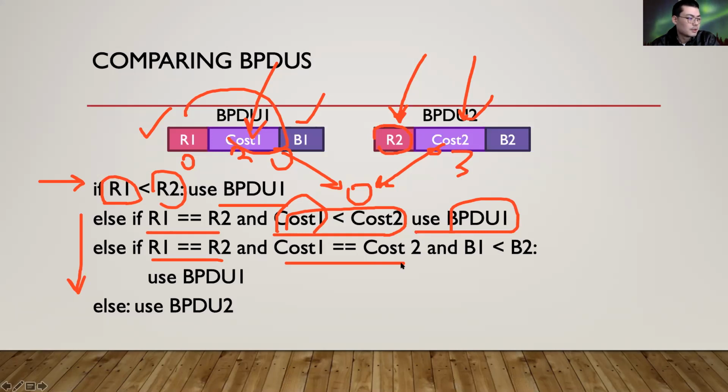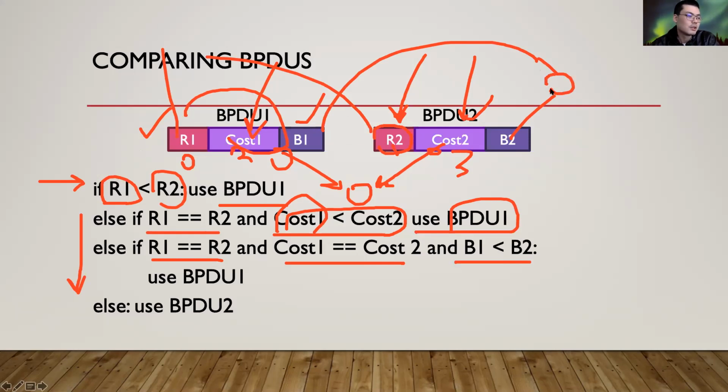If they're equal, then I will use the bridge ID to break the tie. The bridge ID is really a random number. Remember, this R1, R2 are also bridge IDs, but these are root bridge IDs, so that's why R is root. This B means bridge, and it's really the next hop's bridge, the upstream bridge who sends these BPDUs to me.